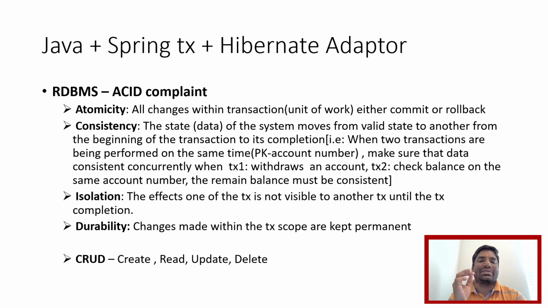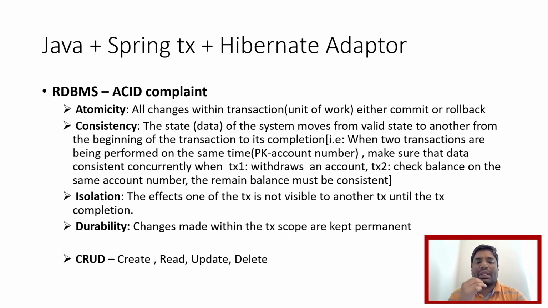Or if one transaction is successful and the other failed, say my brother's transaction is successful, he is supposed to see $400 and my transaction failed. Or if my transaction is successful and my brother's failed, I should see a remaining balance of $450. This is how we should manage and maintain the consistency of the data.